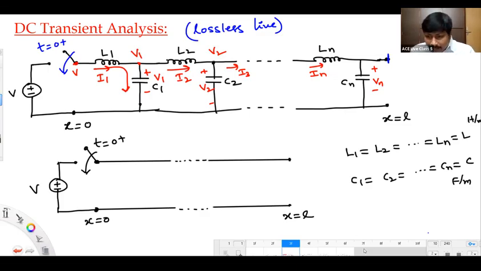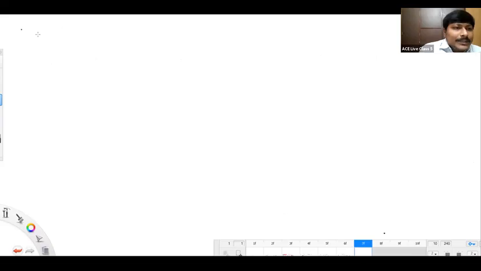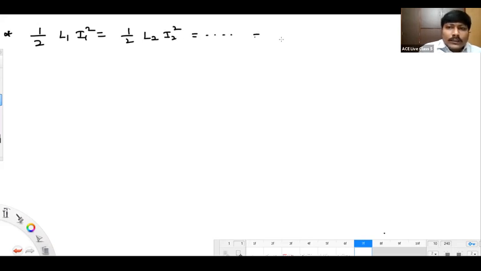So by the observation, half L1 I1 square equals half L2 I2 square, and so on up to the last section, half Ln In square.